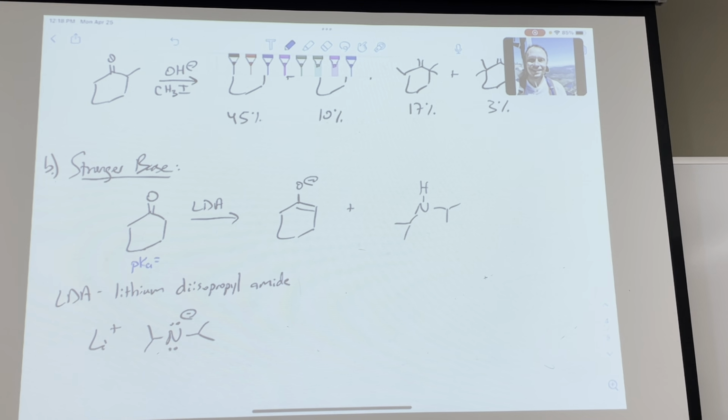So the pKa of the ketone, the alpha position of the ketone, as we said, was about 20. The pKa of the conjugate acid here is around 35. So now when we compare those, what's the stronger acid?